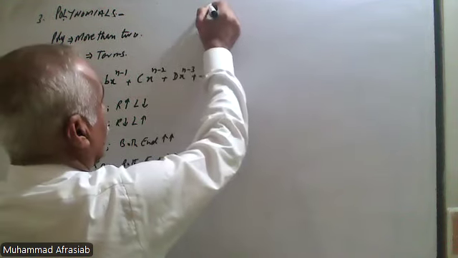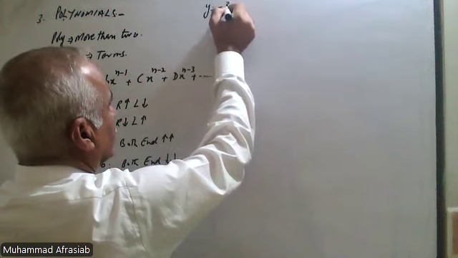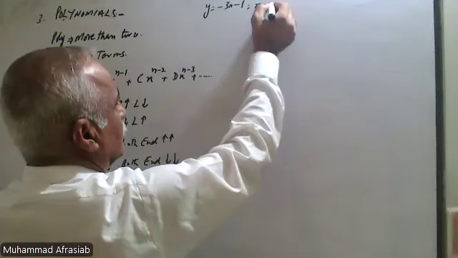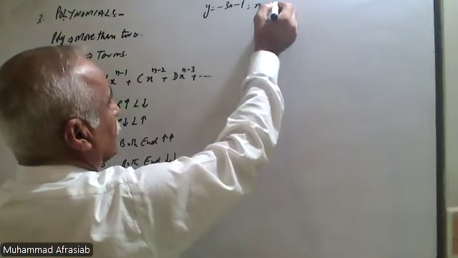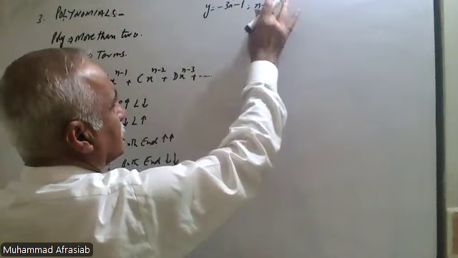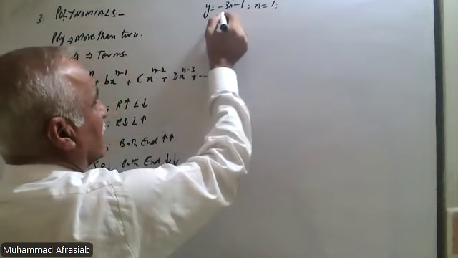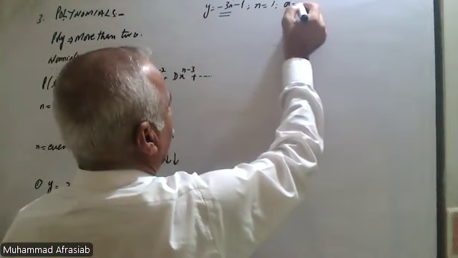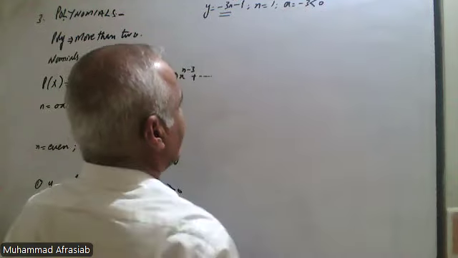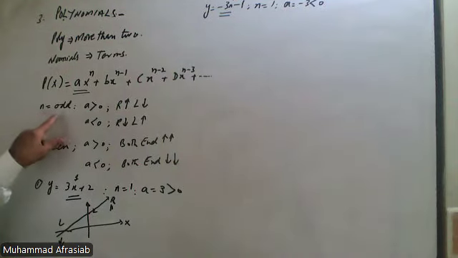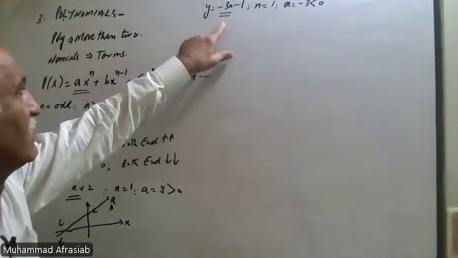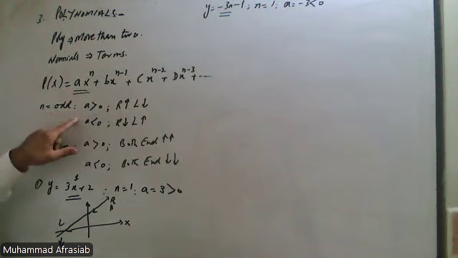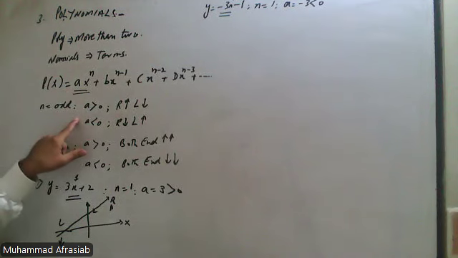Suppose y equals minus 3x minus 1. Here n is equal to 1, the highest power, and a is equal to minus 3, which is less than 0. The highest power is odd, which is 1 here, and the coefficient of x^n is a, which is less than 0.